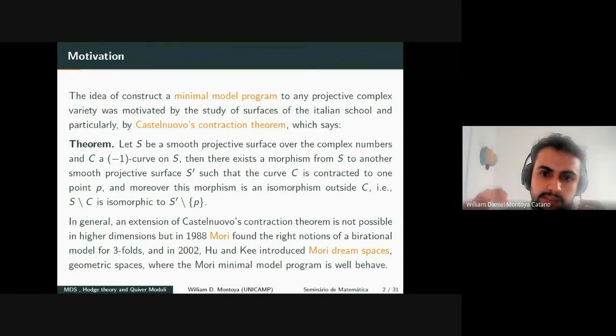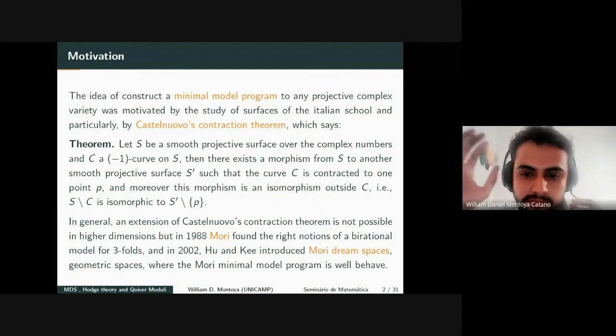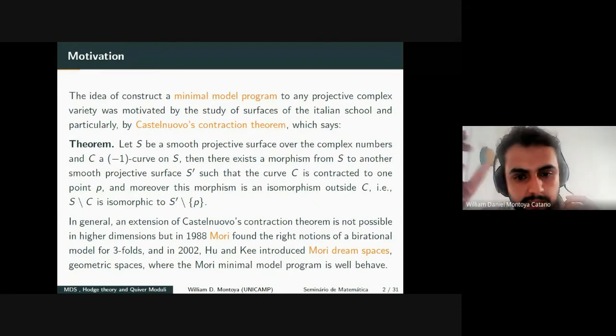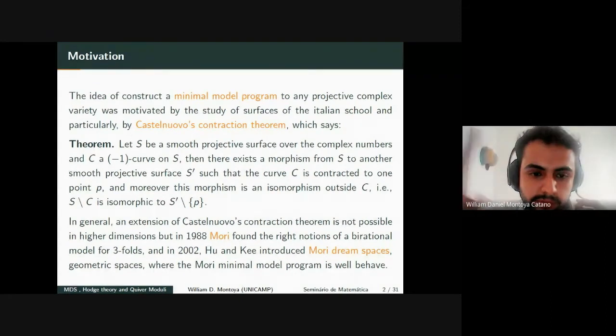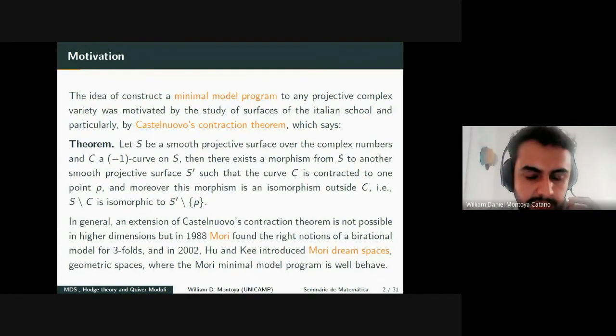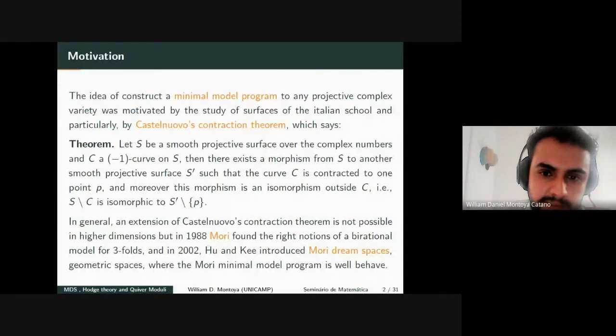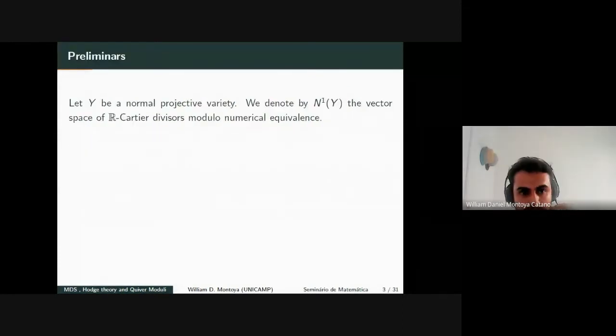So the idea is that I will present two definitions, one to get the feeling of the taste of how it is related with this program to avoid these annoying curves, these objects that have a negative self-intersection. So this is more or less the historical motivation.